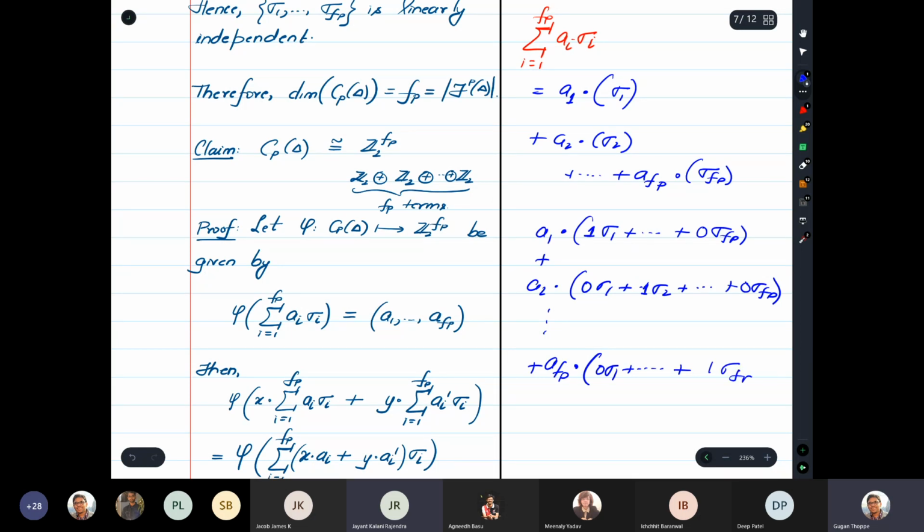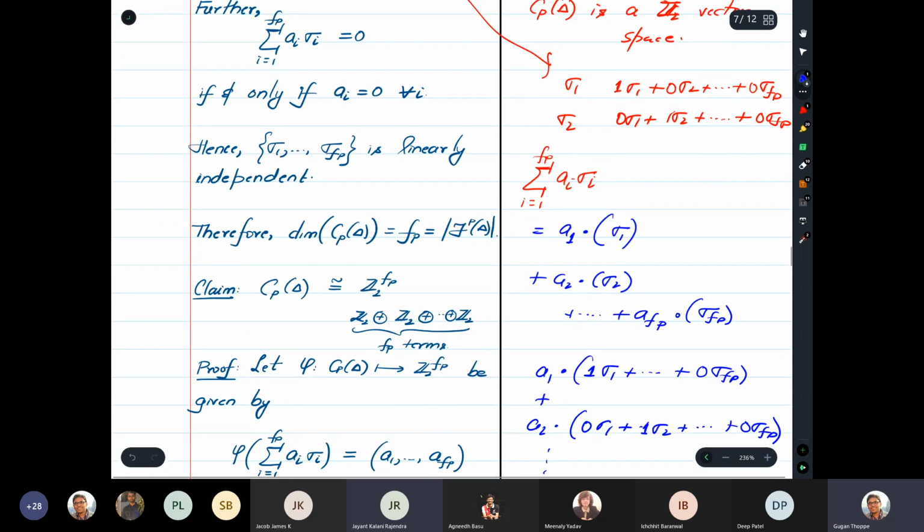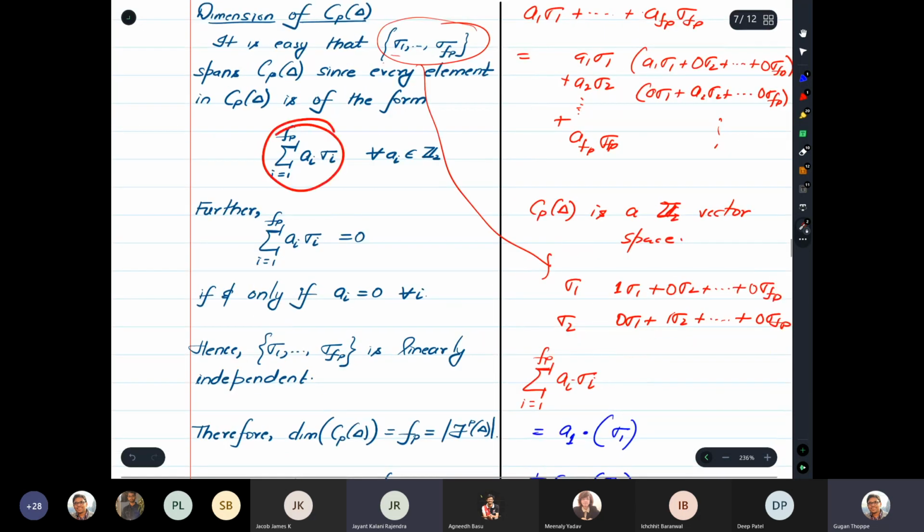Now you can do the scalar multiplication operations the way we have defined. This will be A1 sigma 1 plus A2 sigma 2 plus and so on up to AFP sigma fp. Is this okay? And this is what we started off with. So you can see that any arbitrary P chain can be expressed as a linear combination of these P chains.